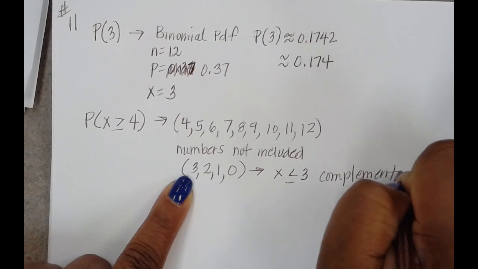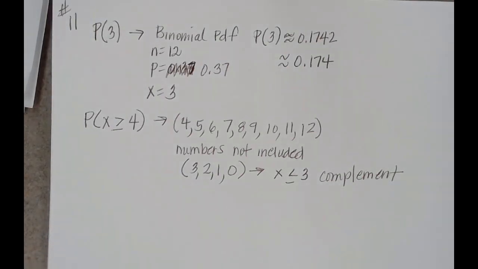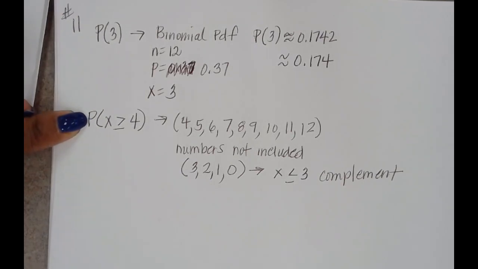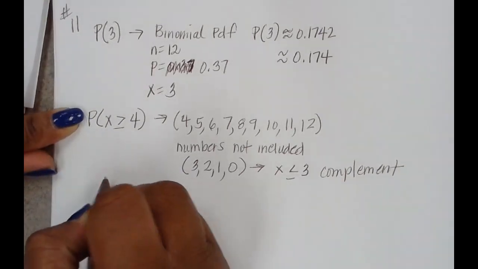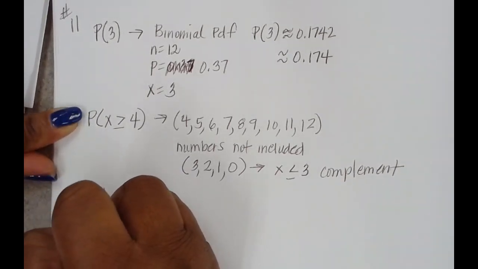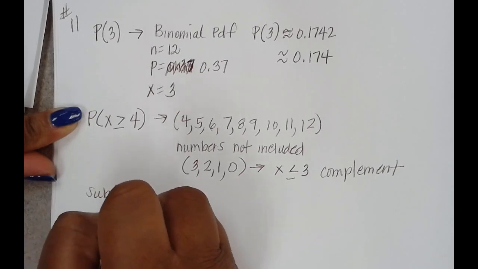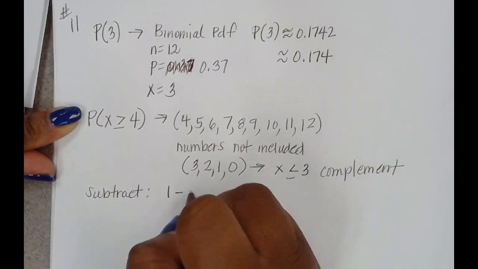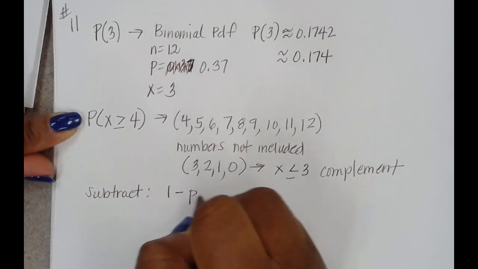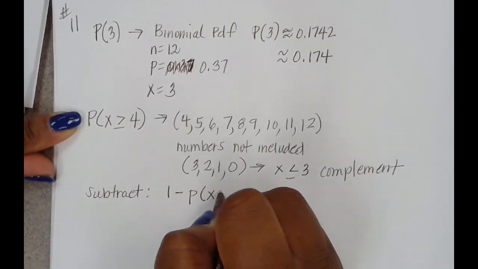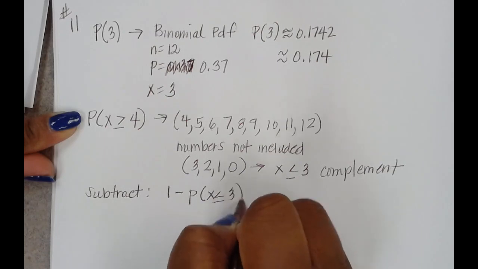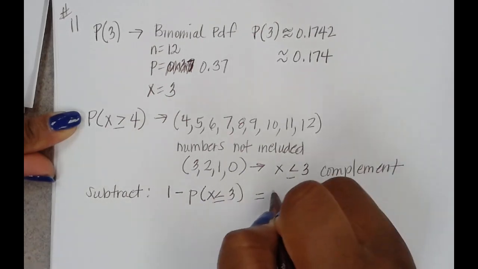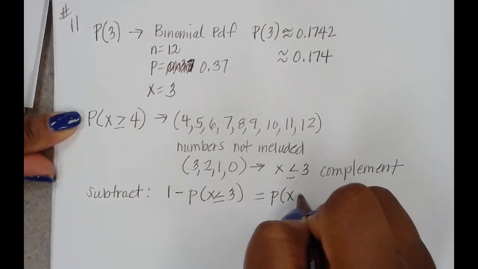I subtract the complement from 1 to get the rest of the values. 1 minus the probability of x is less than or equal to 3 will equal the probability of x is greater than or equal to 4.